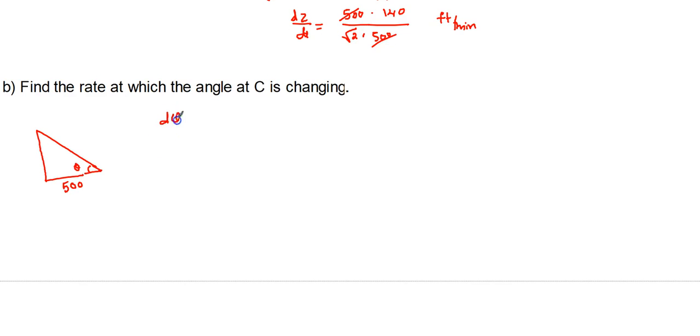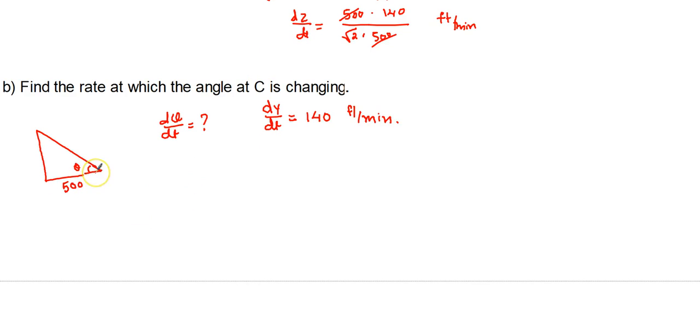So, d theta/dt. We are given dy/dt, which is 140. We had that number, 140 feet per minute. Now we could use dz/dt, but we don't want to use that previous answer.